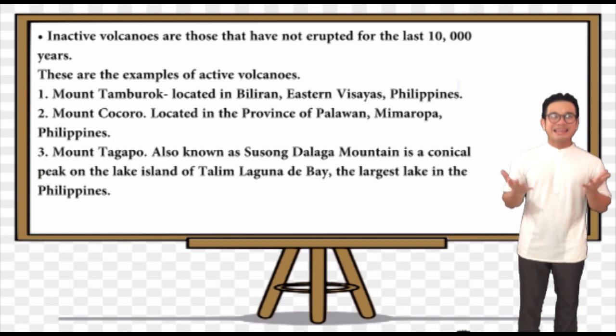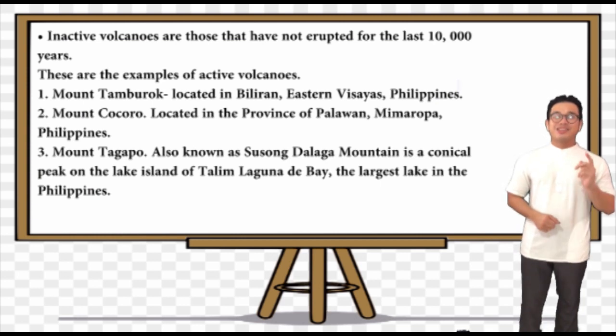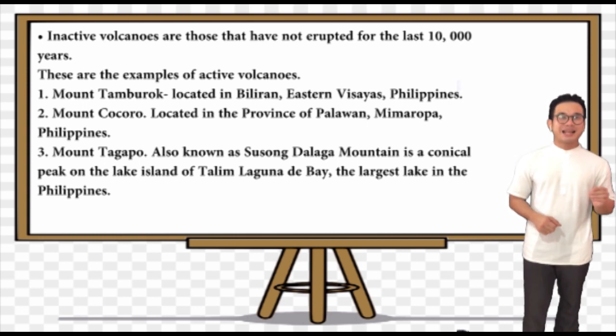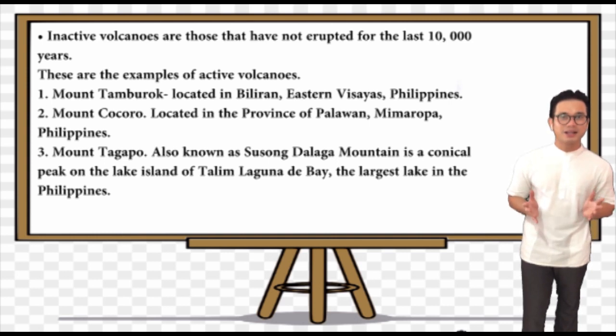Let's define inactive volcanoes. These are volcanoes that have not erupted for the last 10,000 years, and their physical form is being changed by agents of weathering and erosion through the formation of deep, long gullies.